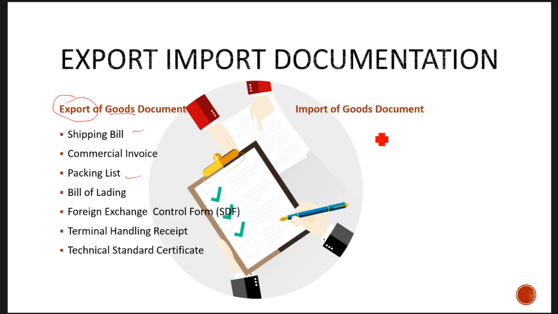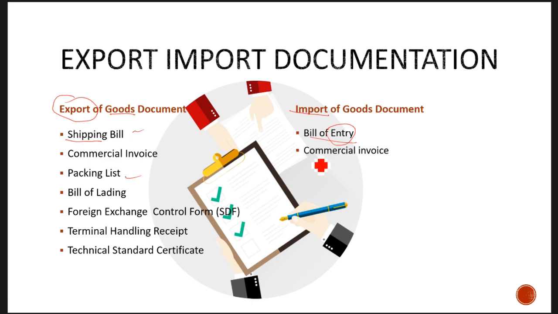And then for the importers, mostly the same, like the bill of entry. So the exporter needs the shipping bill, and the importer needs the bill of entry when they want to receive the products.